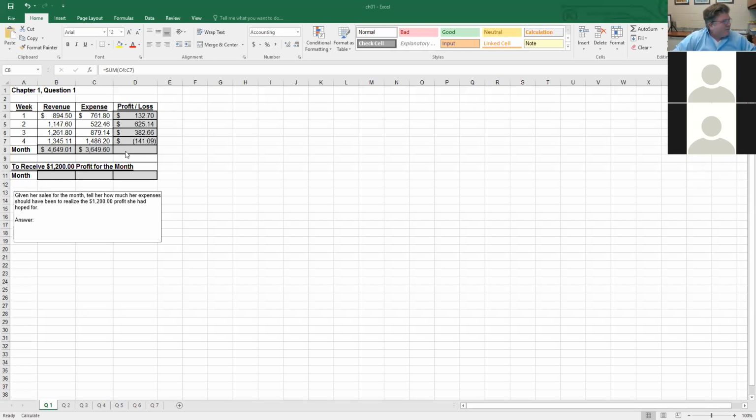Down here where it says month, if you add all the revenues together, there are 4 weeks in the month, you get $4,649.01 for that month. That's how much you made. Your expenses for that month were $3,649.60.